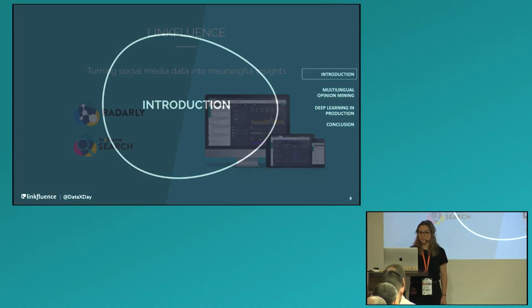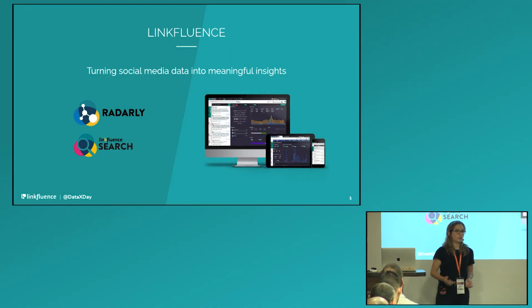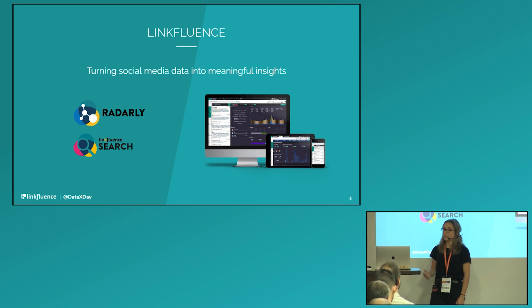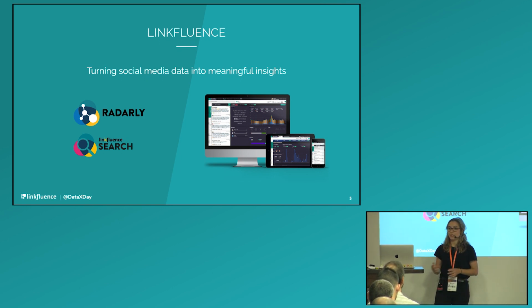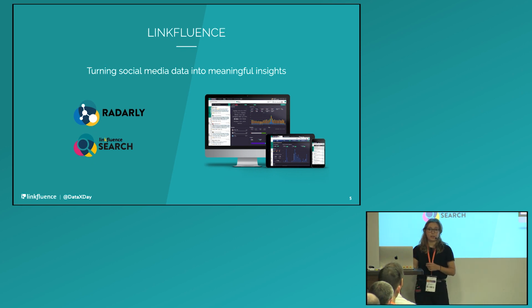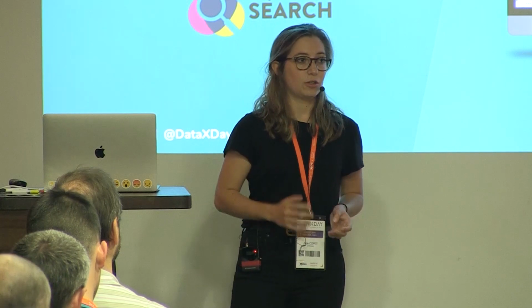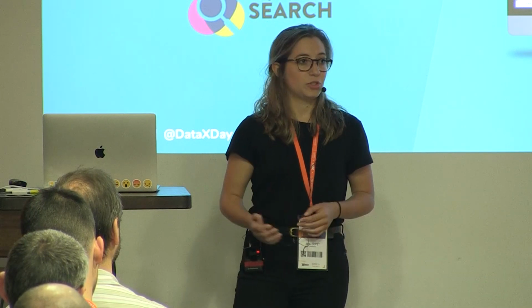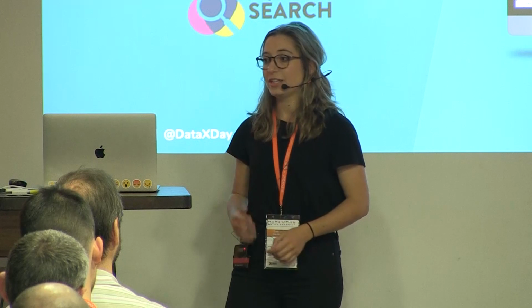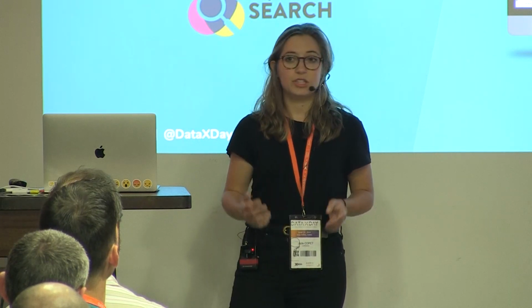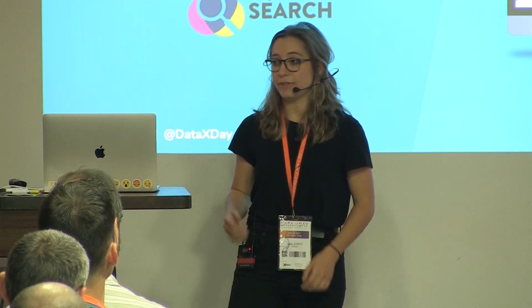So let's start. What are we doing at Linkfluence? We are helping global brands to leverage social media data and turn it into insight so that it would feed their marketing, innovation, and marketing strategy. Because by analyzing the conversation produced daily on the web, you can understand what the consumption trends are, what is being said about a product, a brand, and identify key followers or maybe communities brands might be interested to work with.